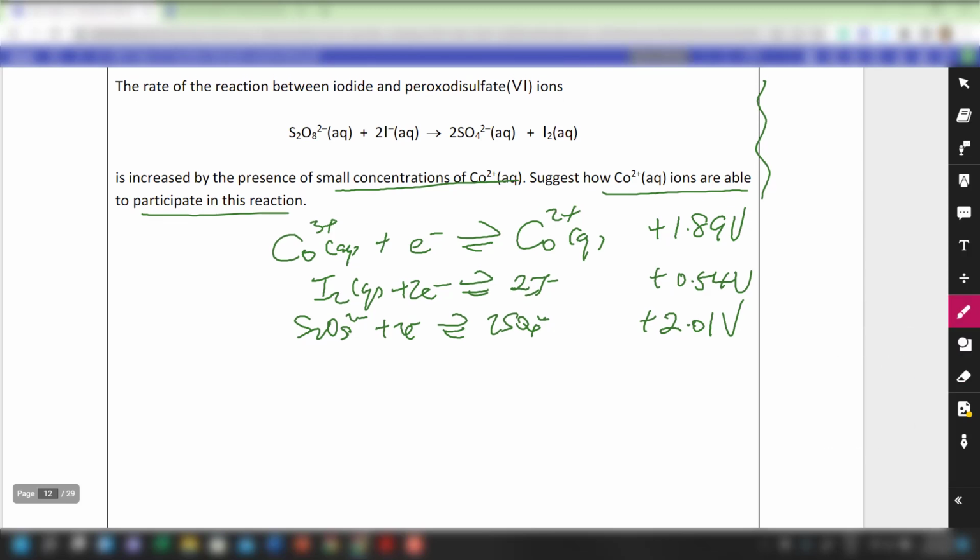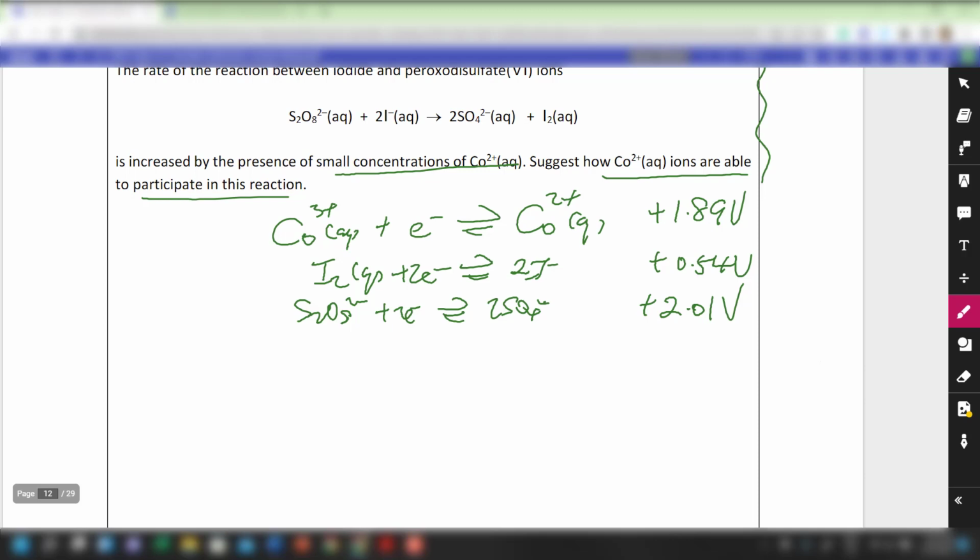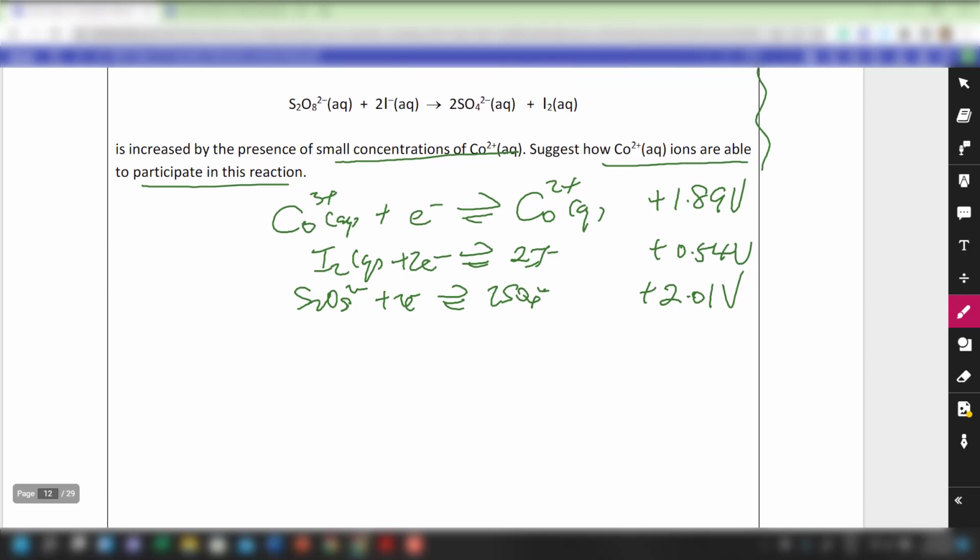First of all, because we are given cobalt 2+, we want to check whether peroxodisulfate can oxidize cobalt 2 to cobalt 3. Shall we do that? We will calculate the E cell. So Co2+ reacts with S2O8 2-.